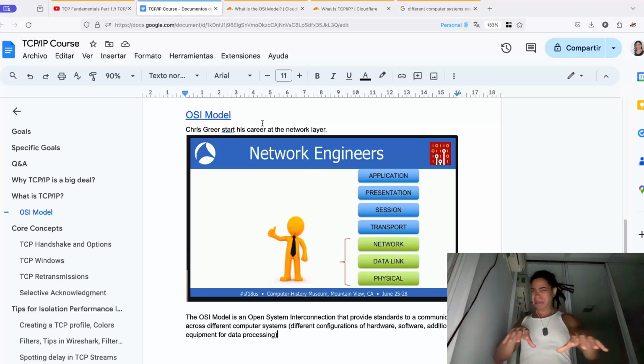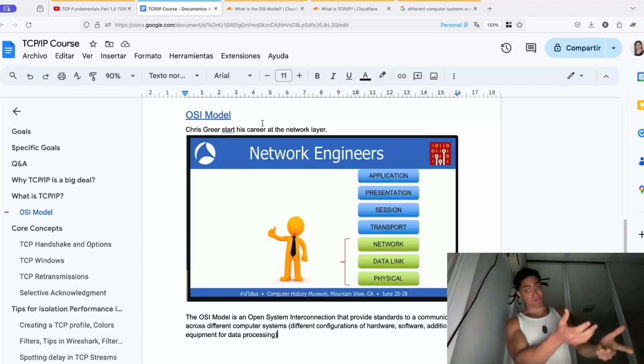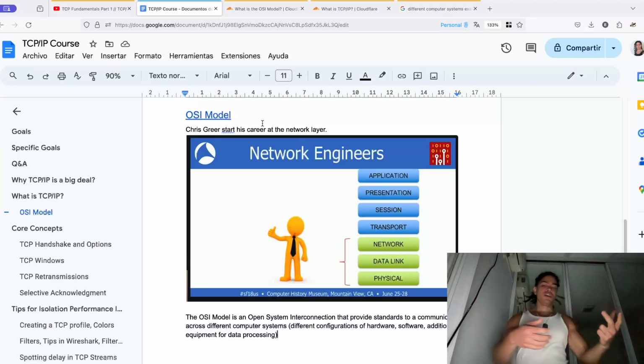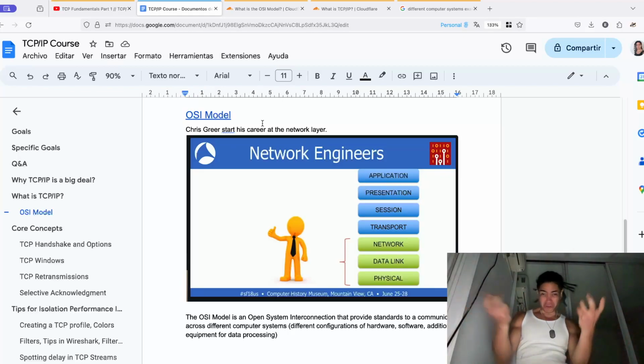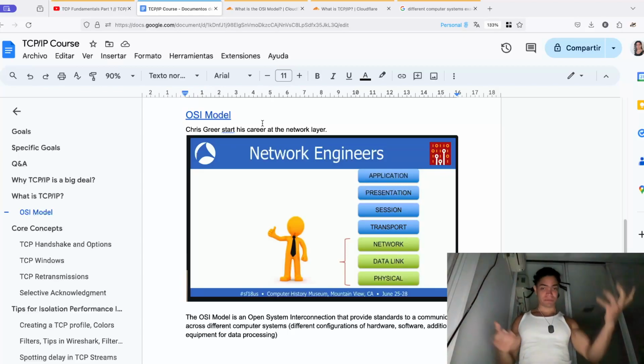Because we can have different configurations of software, hardware, peripherals, and we need to find a way to enable communication across all of these specimens, so they can do their work, which is compute, data processing.